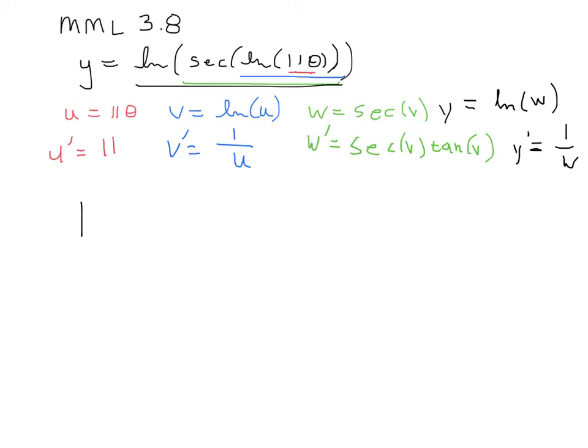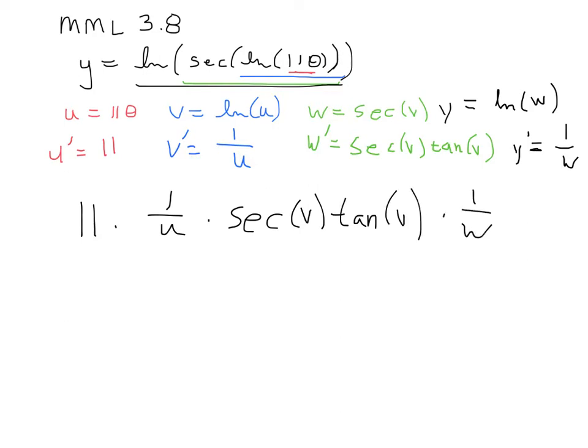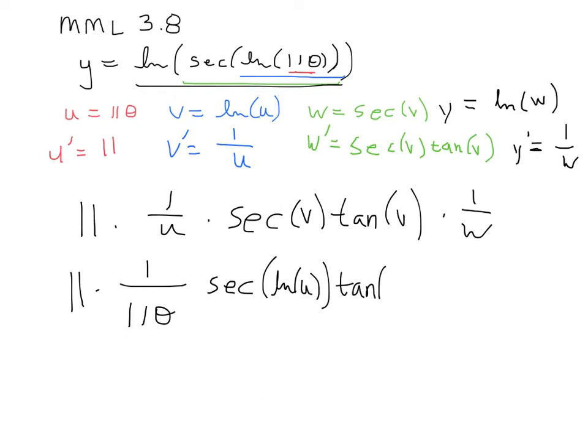And then, boys and girls, you multiply all these pieces. 11, 1 over u, secant v tangent v, 1 over w. And so then you start substituting. So u is 11 theta, v is ln of u, and w is secant of v.